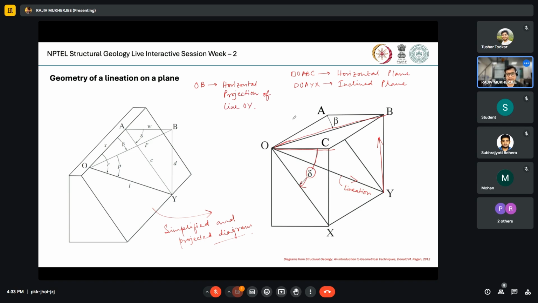And we see that beta is the angle between OA and OB. So OA is basically the strike line, and OB, which is the horizontal projection of the line OY, in terms of structural attributes, we call this line the trend of a lineation.